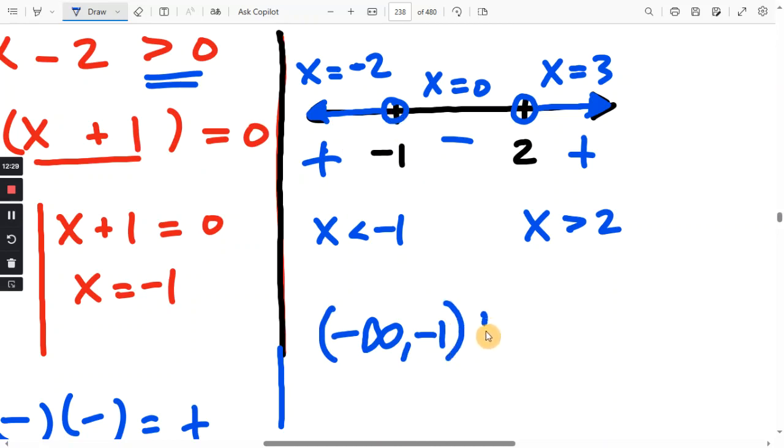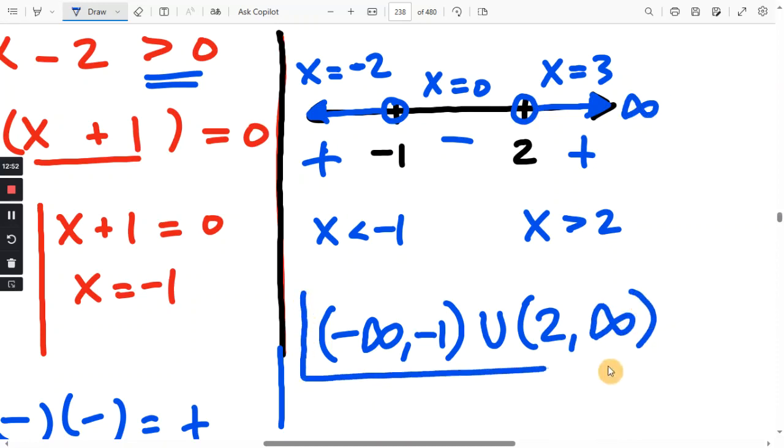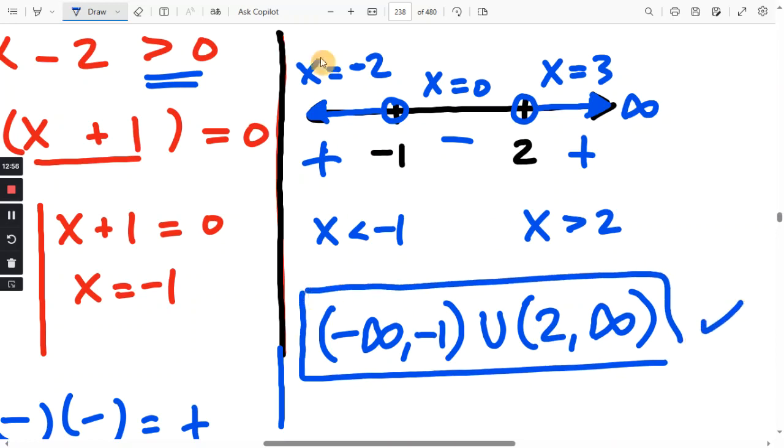And that is in union with, and you keep going to the right. Here's a positive 2. It doesn't include the 2, so you use the curved parenthesis. And after the 2, it goes all the way to the right to positive infinity. Again, for the infinities, you use the curved parentheses. So this right here is the domain.